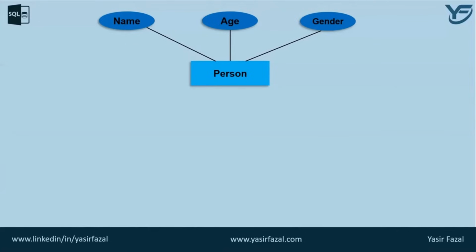So let's start with a diagram. Here I have a diagram in which a person has a different set of attributes, like a name, age, and gender. This is more like a generalization.